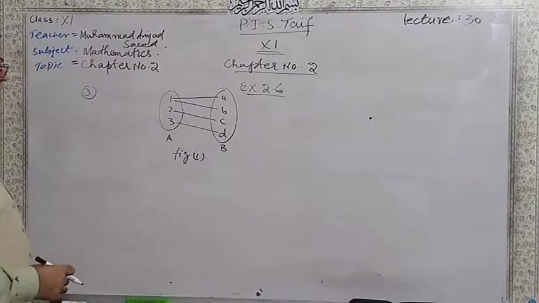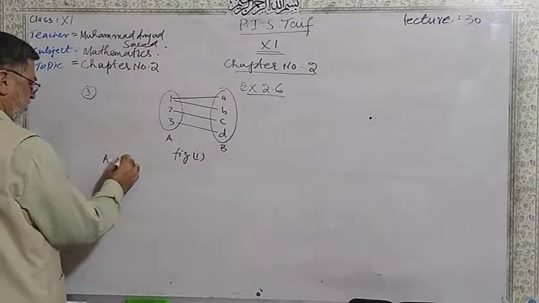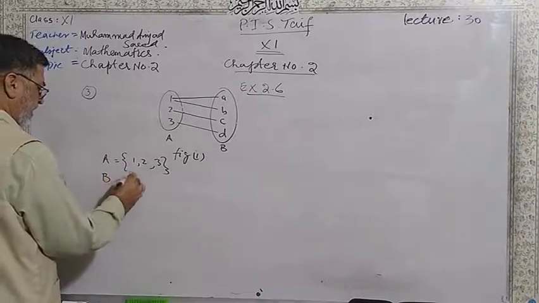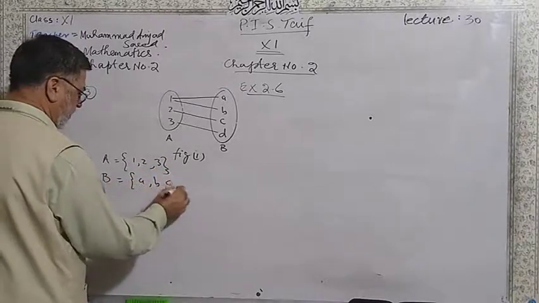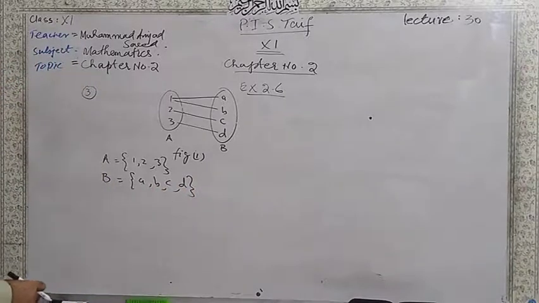Dear students, first of all, what is set A? 1, 2, 3. What is set B? A, B, C, D. Clear?